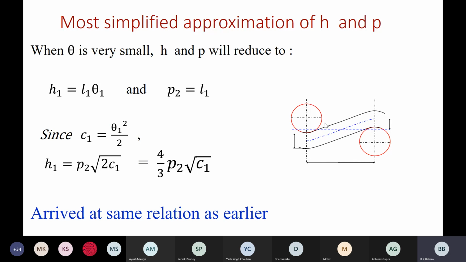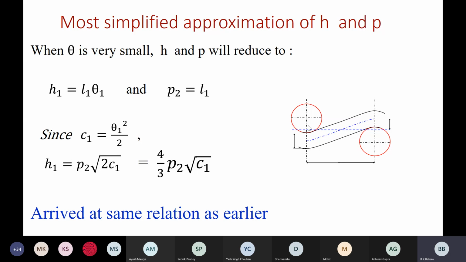Look at the diagram carefully. See, theta is the weave angle. If you join this weft center to this point, point means the distance up to which the warp yarn touches the circumference of the weft yarn. At this point, touching ends. From here you join to the center.